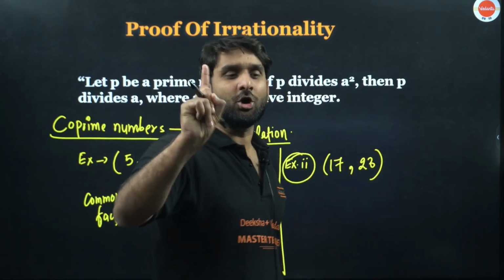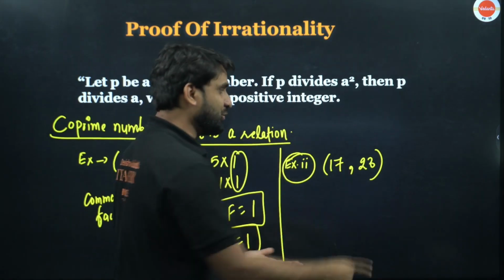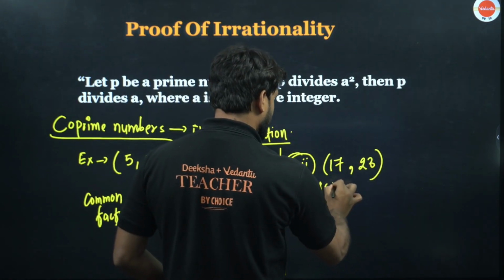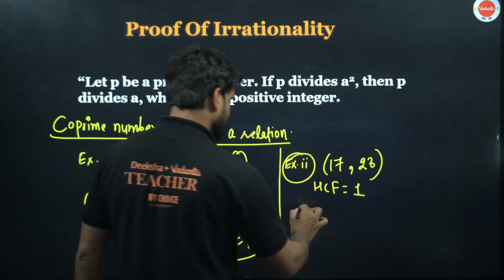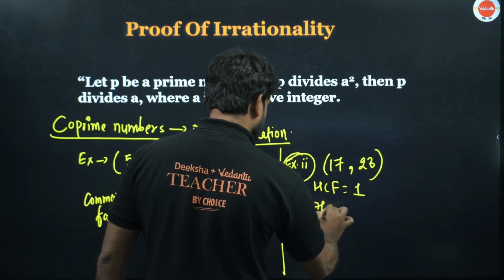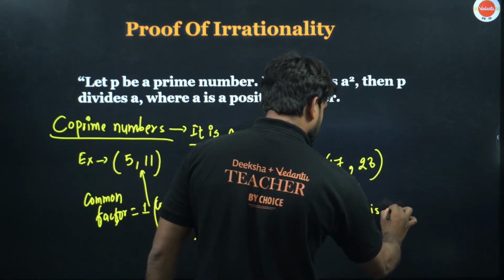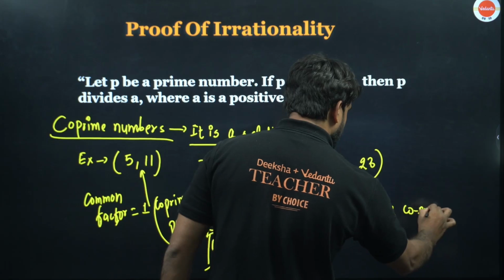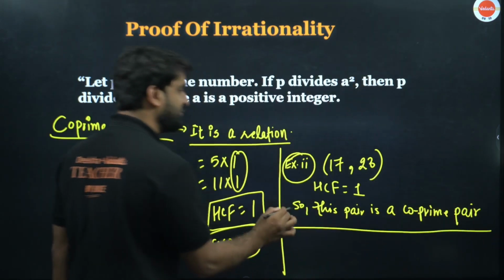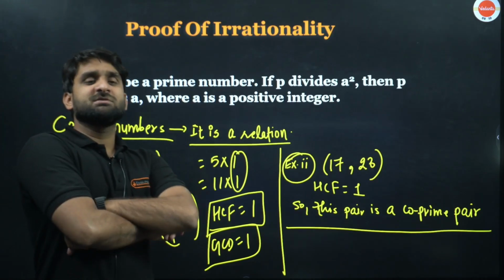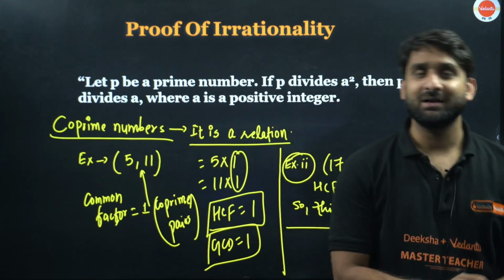There is only one common factor, 1, which can divide 17 as well as 23. So the highest common factor of these two numbers is 1. This pair is a co-prime pair. I hope you guys now understood. Co-prime pairs means numbers whose highest common factor is 1.